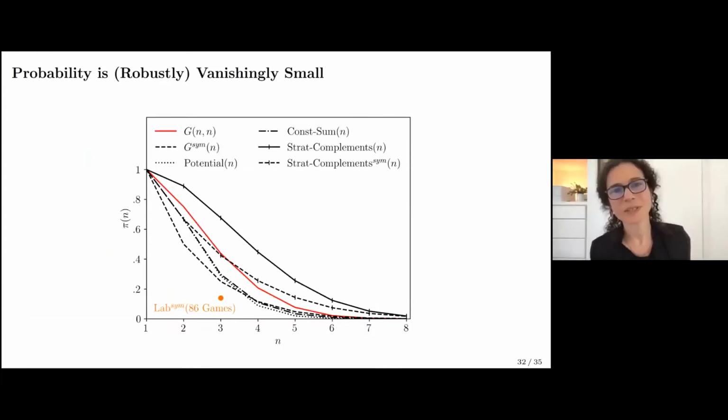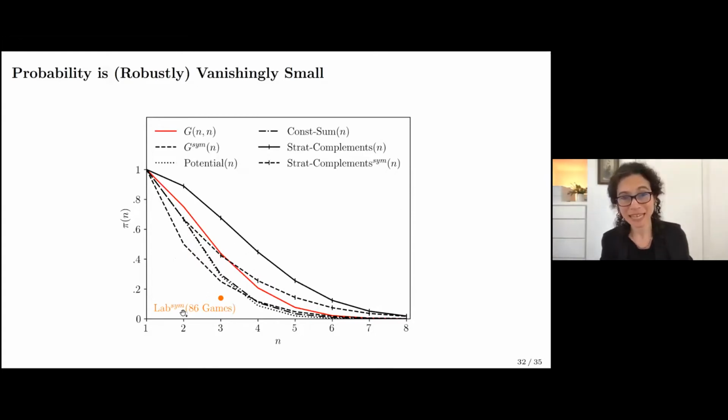Okay, so here are the graphs that correspond to the probability of dominant solvability. In the red solid line, you see the graph that corresponds to our random games. This is what I've been talking about. Now, interestingly, practically all of the games that I mentioned, all of the classes of games, other than this particular one, which I'll get to in a second, generate an even lower probability of dominant solvability.